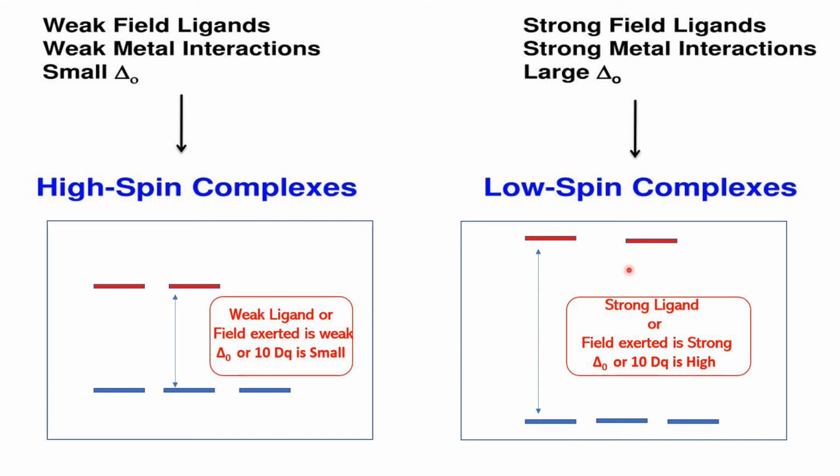So the 10 Dq value will be high for strong field ligands, while the 10 Dq value is minimum for weak field ligands. Weak field ligands will give rise to high spin complexes, while strong field ligands will give you low spin complexes. So I am going to enter electrons into these orbitals in a high spin, or weak field, environment and a strong field environment.